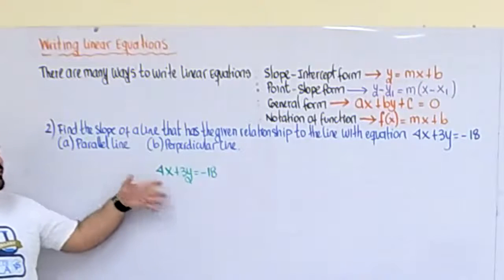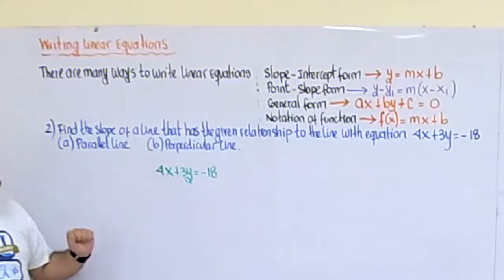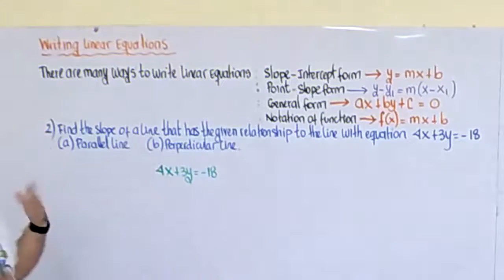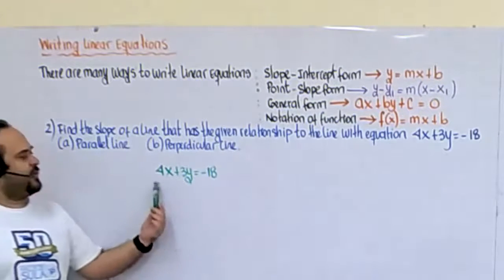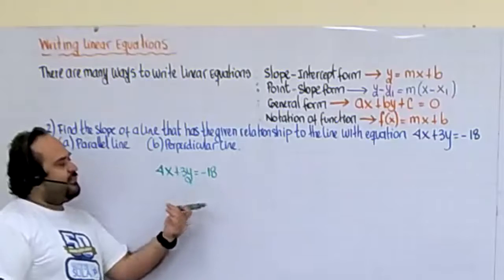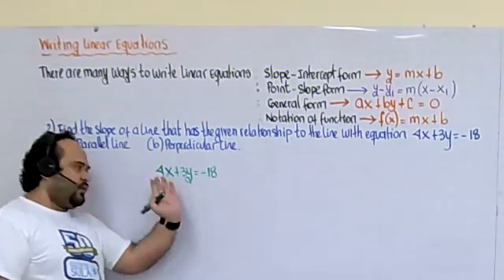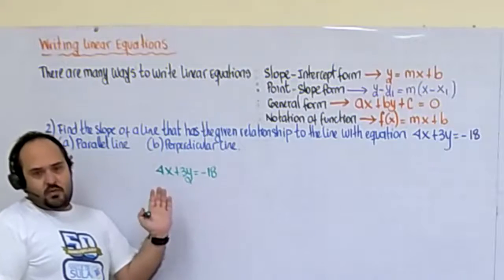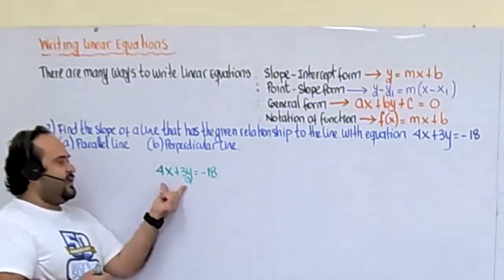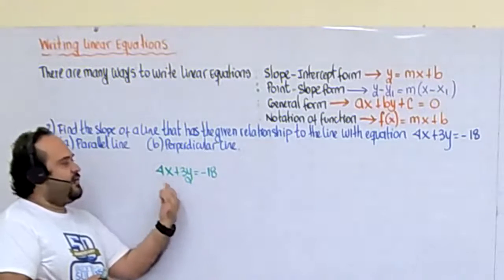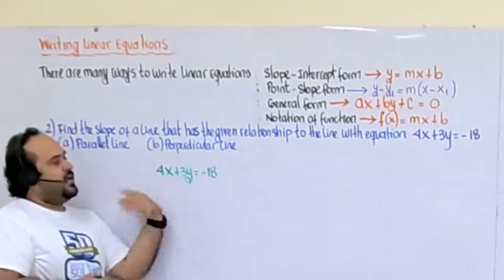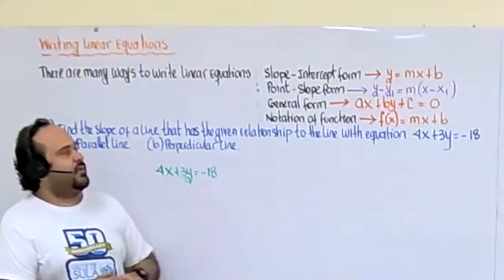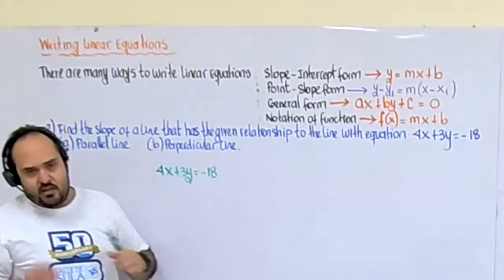This linear equation is written in the general form, because we have two terms with variables, and at the end that will be equal to another number, or it could be presented like 4x plus 3y plus 18 equals 0. When you see two terms, one with the x variable and another with the y variable, we can say this equation of the line is written in the general form. This is what I'm trying to say.